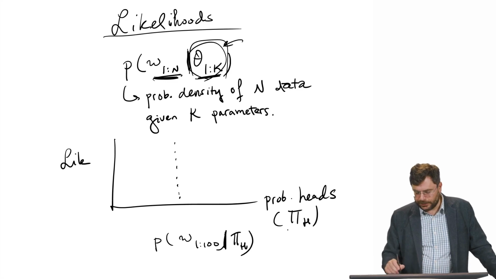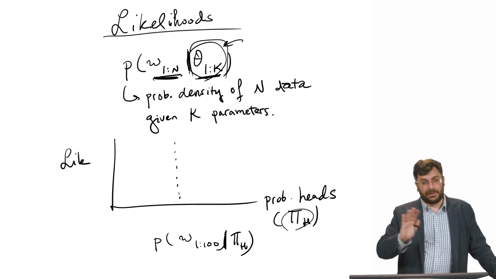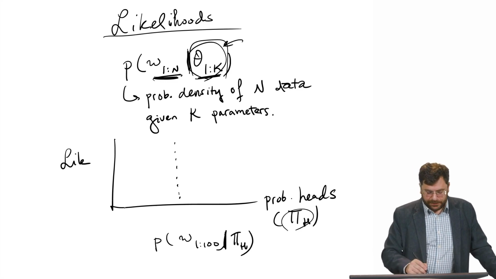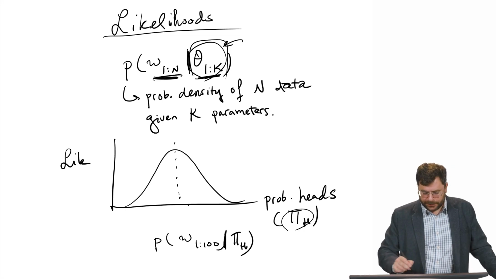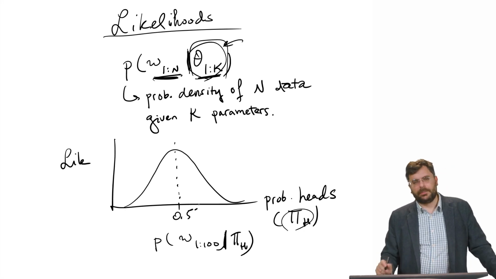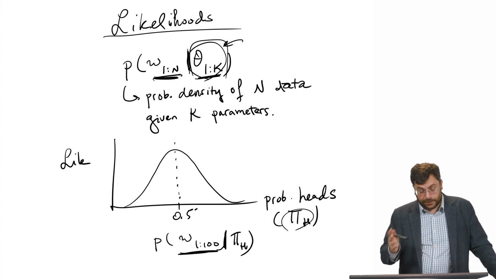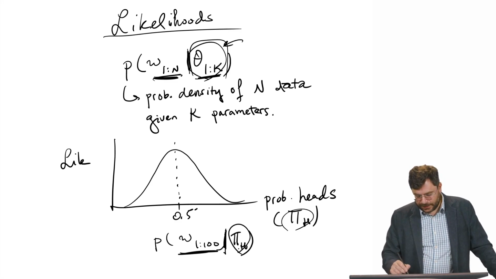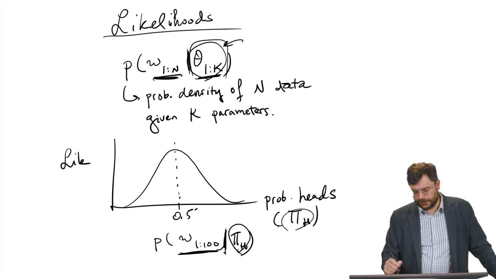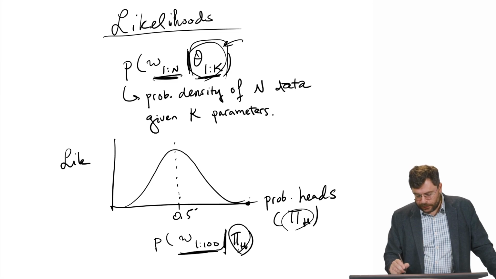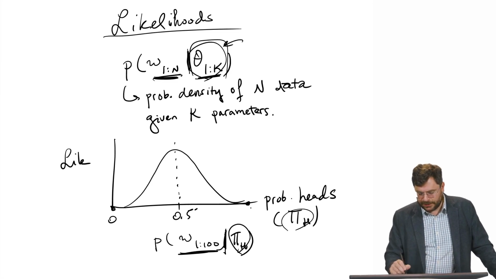If we were to plot this versus pi h, and if we roughly had 50-50, then maybe this would look like it's centered at 0.5. So in other words, the sequence is the most probable given that I've assumed a pi h of 0.5. Now, it would strictly be 0 at 0 and 1.